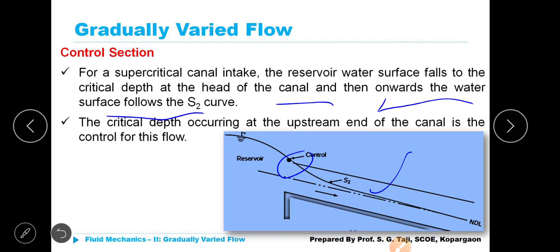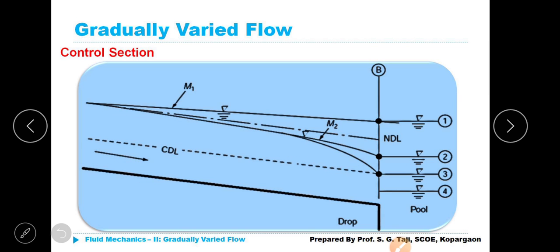The critical depth occurring at the upstream end of the canal is the control for this flow. That means whenever such profiles exist, in case of a reservoir with a supercritical flow canal intake, it falls to the critical depth. And one more important point is, the critical depth occurring at the upstream end of the canal is the control for this particular flow. Several control sections are shown here.